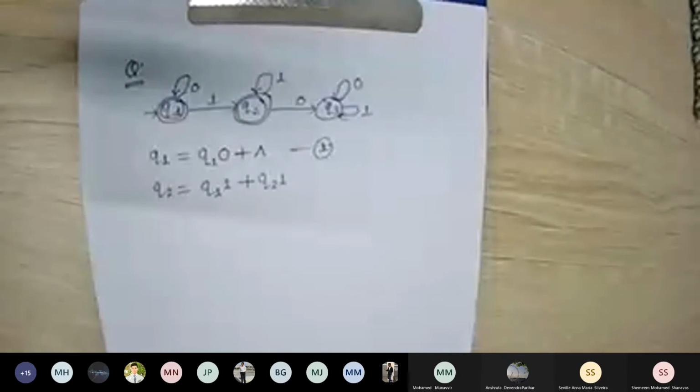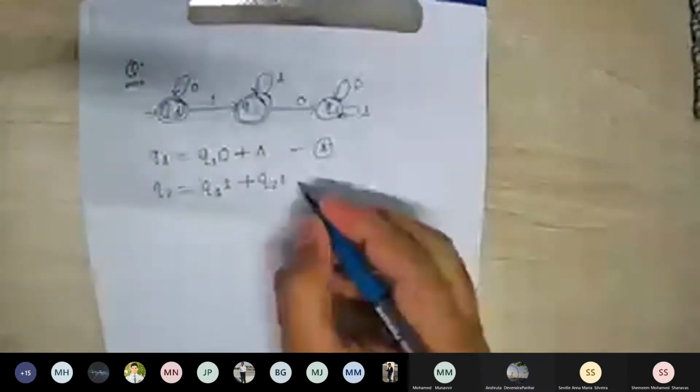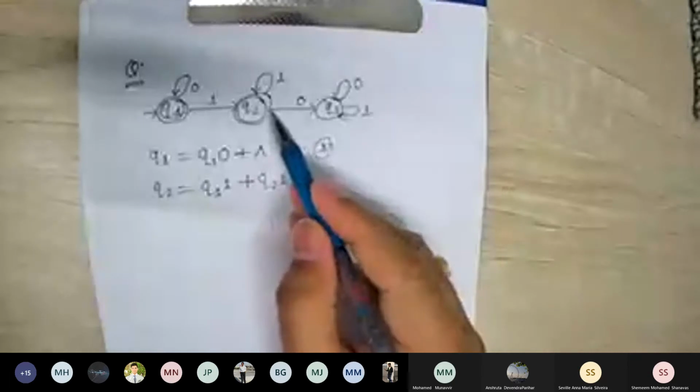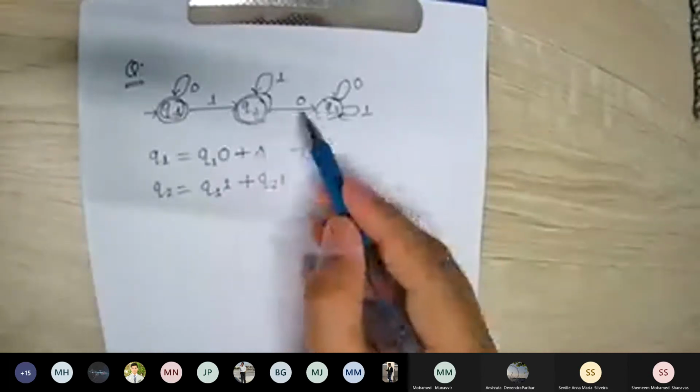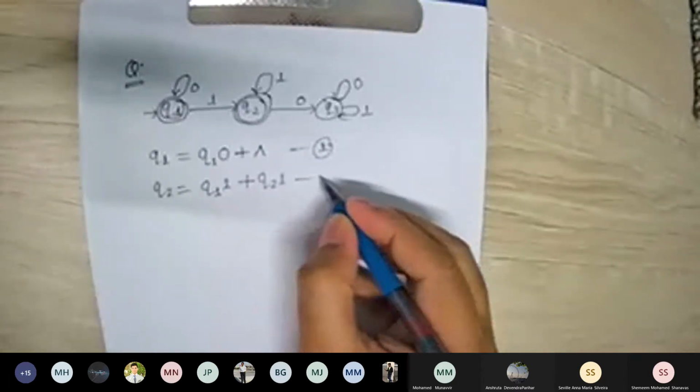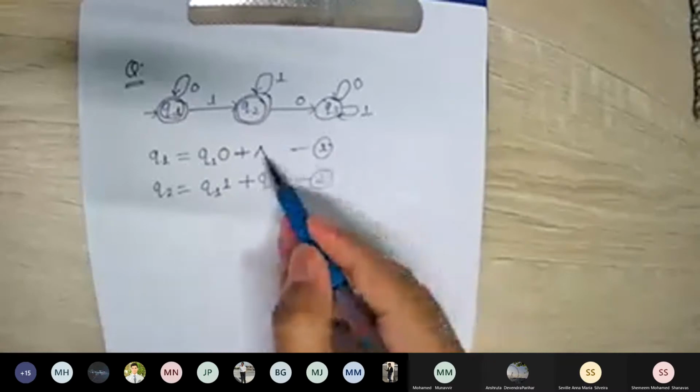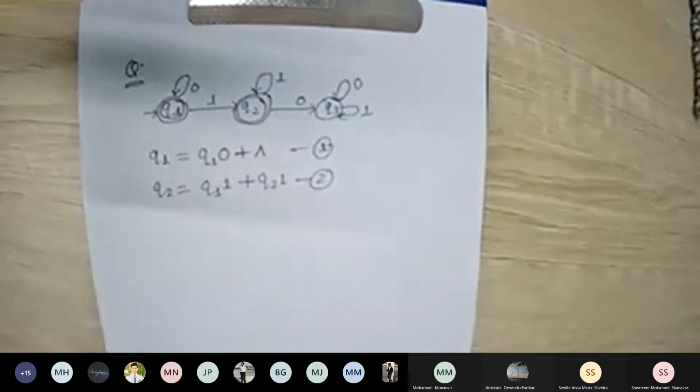Understood how we are writing the equation? Is any other incoming edge there? No. So this will be equation 2. Here you will not add null since this is not the initial state.